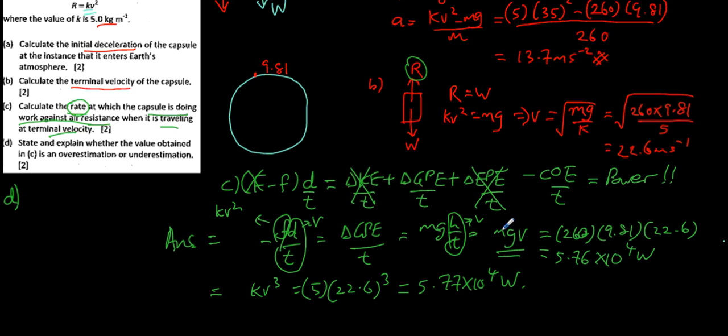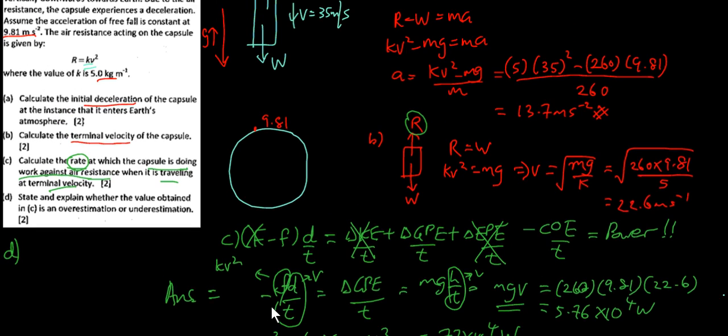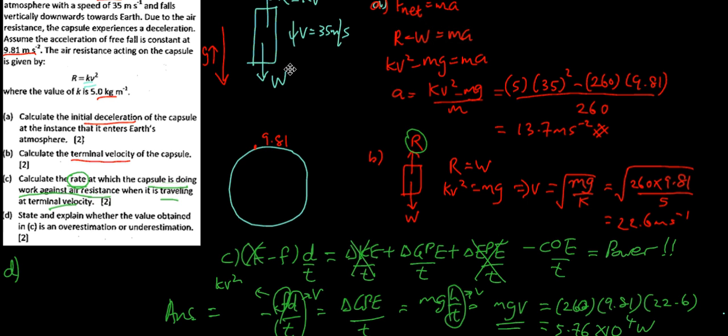But g is the problem. Do you realize that g is actually changing all the time? Just now I mentioned to you that for this place, g keeps on increasing from here to here. But actually in this place, g is less than 9.81. So in this case, the value you get for this one is actually larger than the value when the object is still in mid-air before it reaches the Earth.